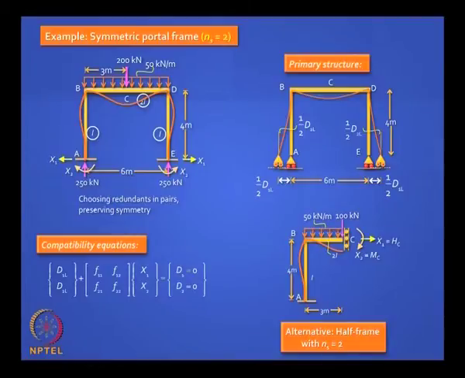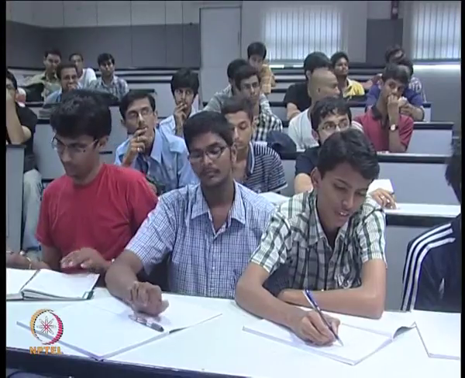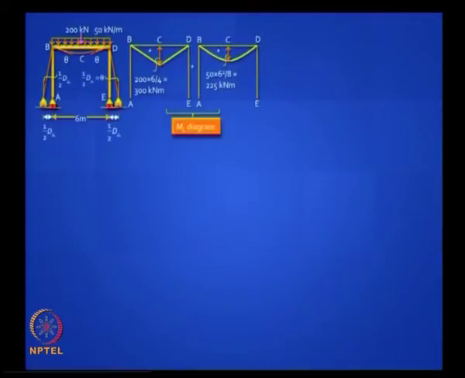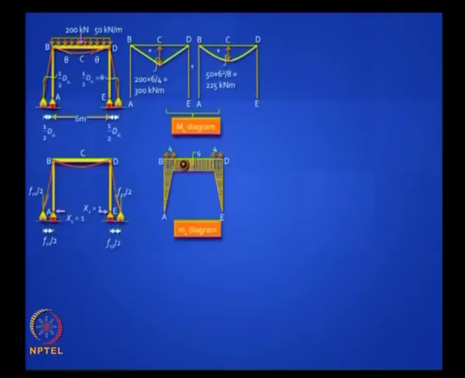Whichever way you do it, these are your compatibility equations, and let us take the first way. Can you find those movements? Well, draw the bending moment diagram, capital ML diagram. The concentrated load gives you a triangular moment, the UDL gives you a parabola, and then this is your small m1 diagram when you apply x1 equal to 1.